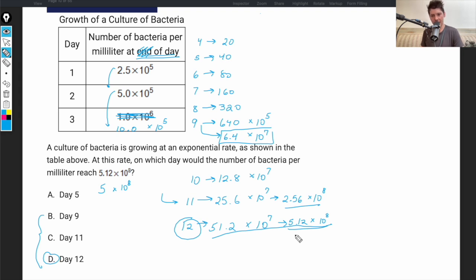If this was at the beginning of the day, then it would reach a number slightly smaller than that, but more than day 11's starting point, sometime on day 11, right? So even though 5 times 10 to the 8 would be closer to the day 12 starting point, it would technically happen on day 11.